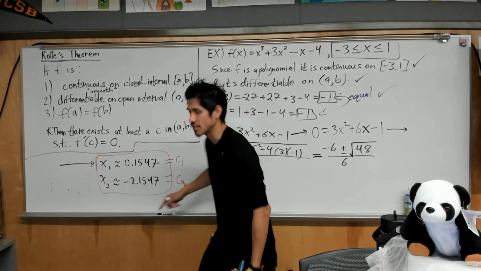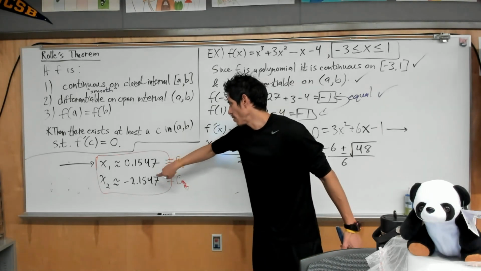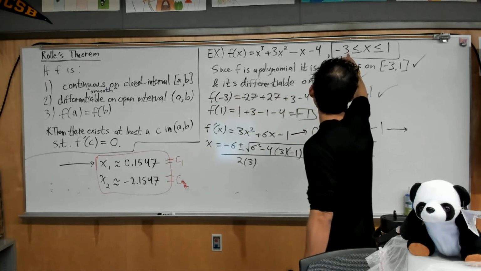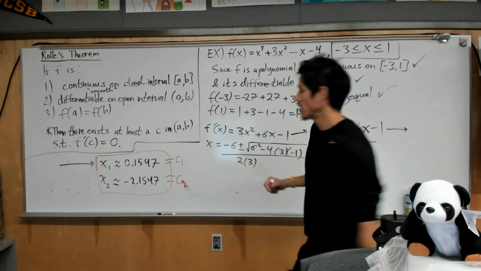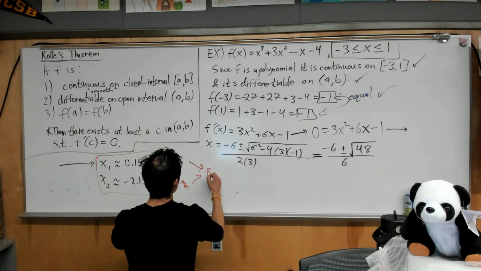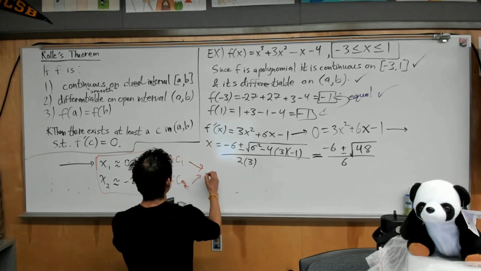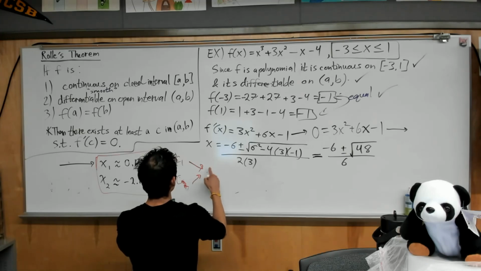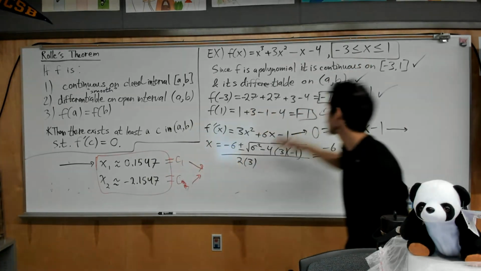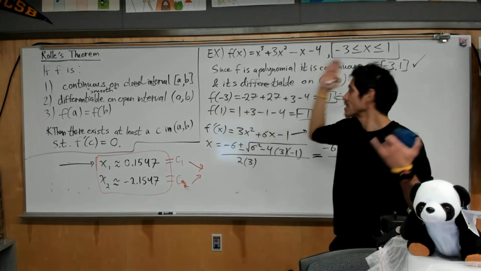Now, the last thing, in case they're really strict on your grading, which a lot of them are, show them that you know that these values have to be between -3 and 1. So we know that 0.15 is less than 1 and greater than -3, and -2.15 is also between there.